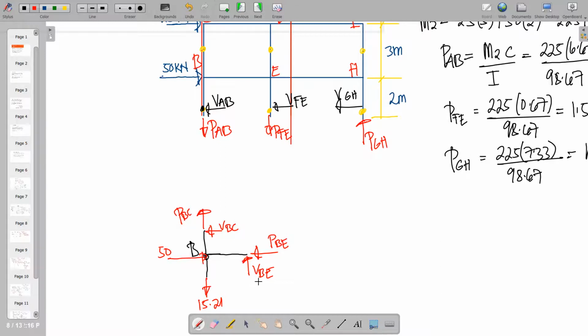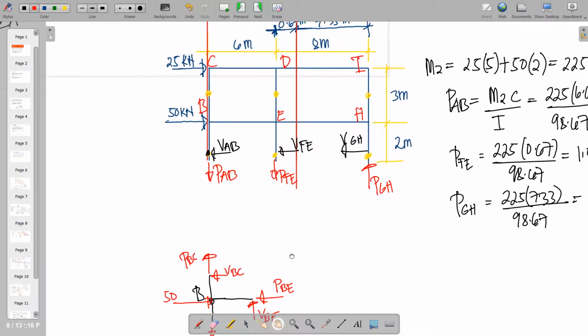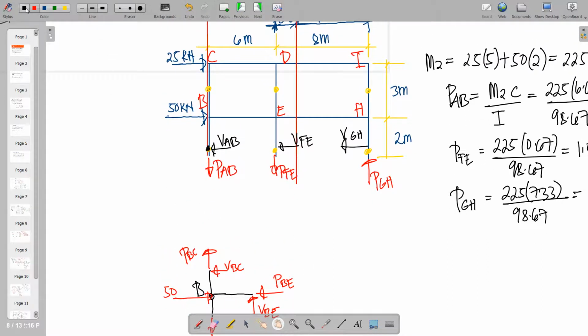So we still need to proceed on the upper portion. On the upper portion, because there are too many unknowns here, let us see if we could reduce the unknowns out of this portal.